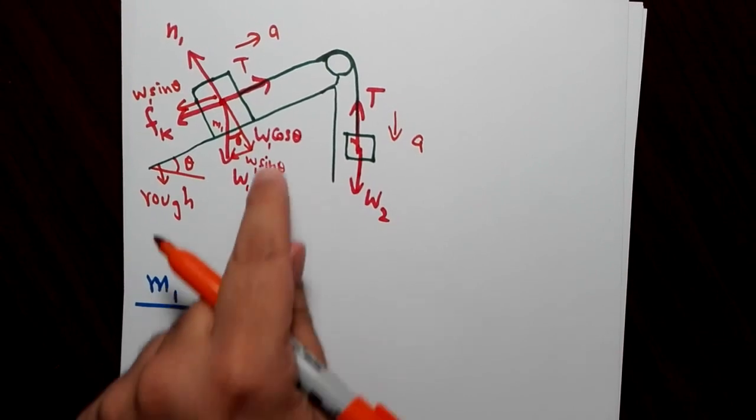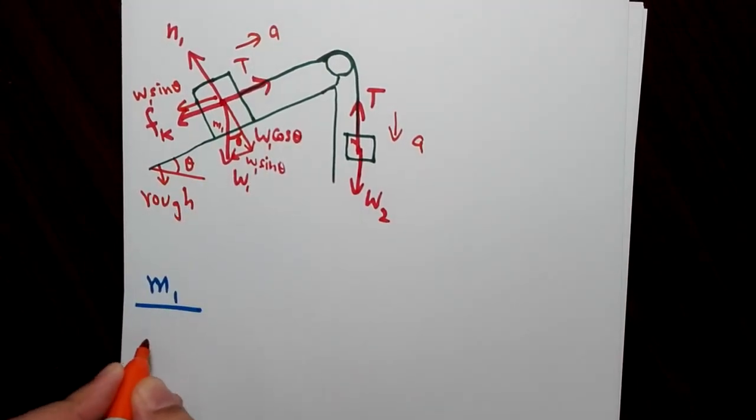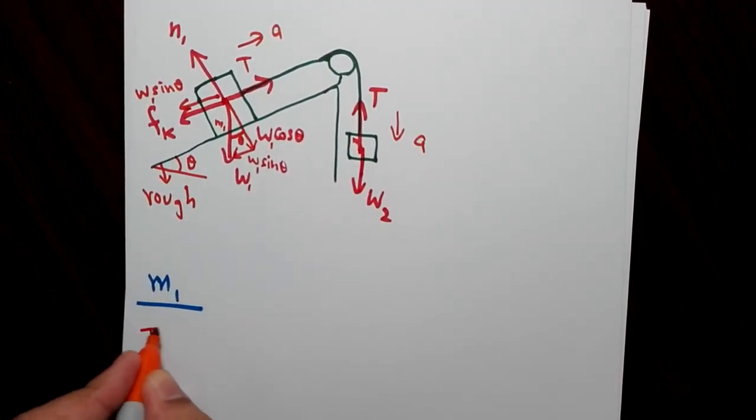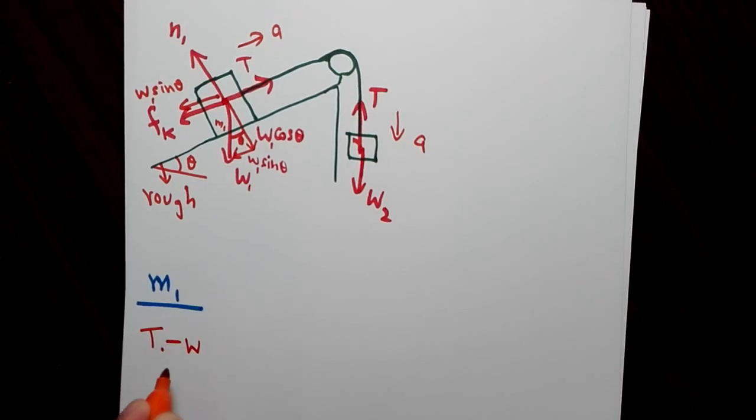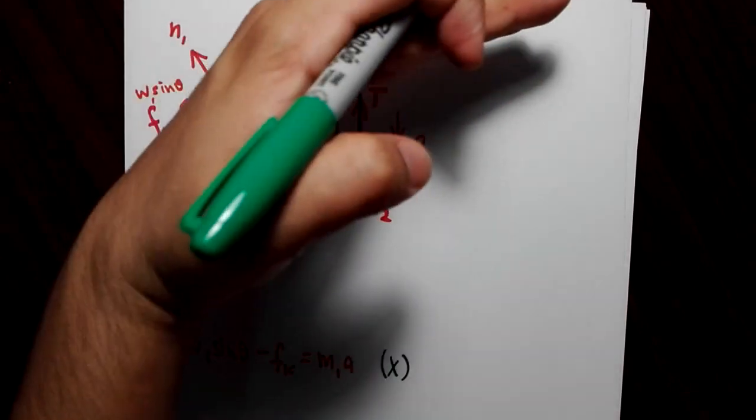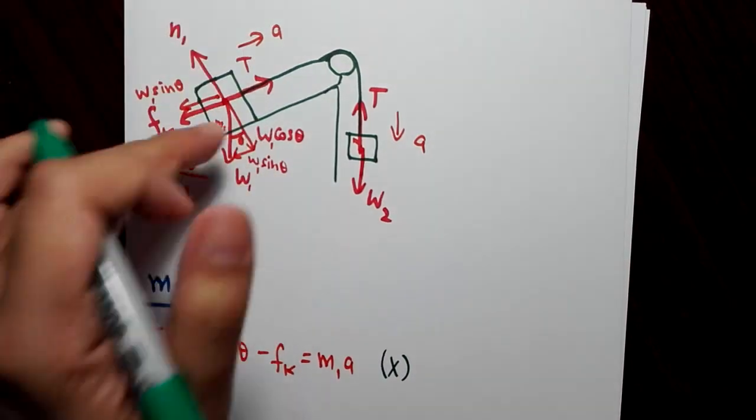Then if you write Newton's second law, you get T minus W1 sine theta minus Fk equals M1 times a. This is your x equation. This is our x-axis, this is our y-axis for this mass.